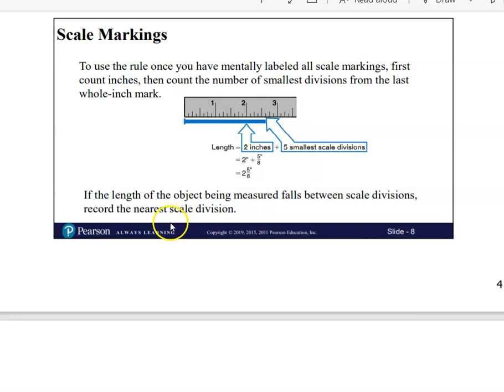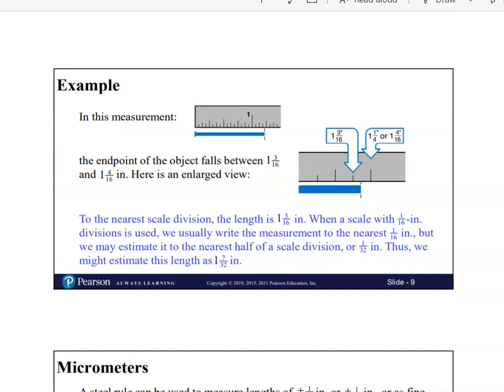If the length of the object being measured falls between scale divisions, record the nearest scale division. In this measurement, if you look closely, there are actually 16 lines before you get to the 1. So this is going up by 1/16. Each one of these lines would be a 16th.